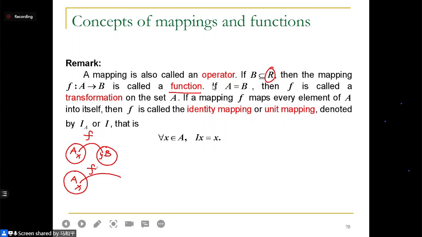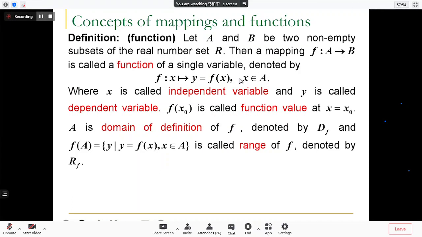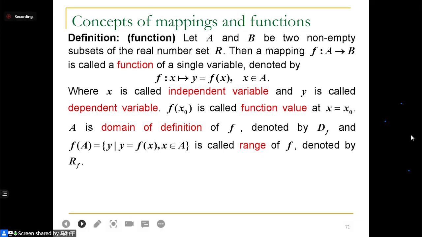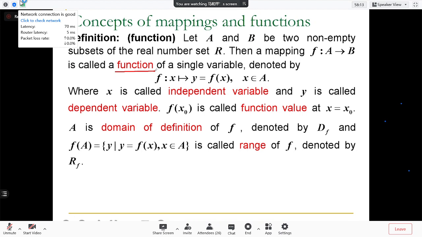Definition of functions. Let A and B be two non-empty subsets of the real number set R. Then a mapping f from A to B is called a function of a single variable, denoted by f from x to y.